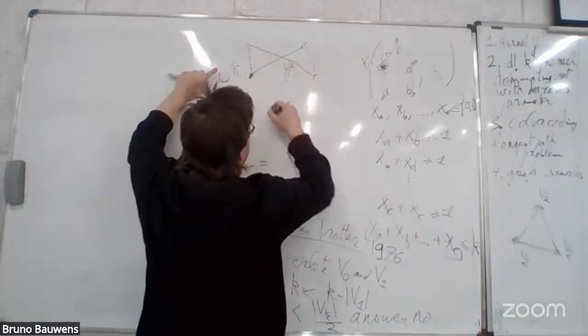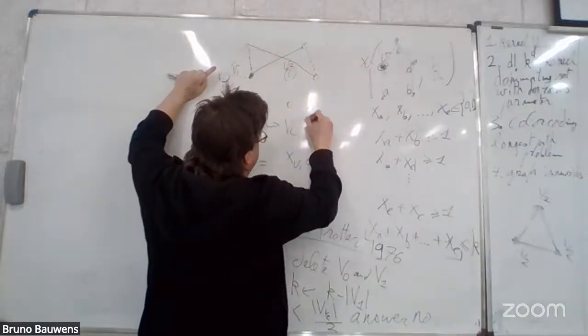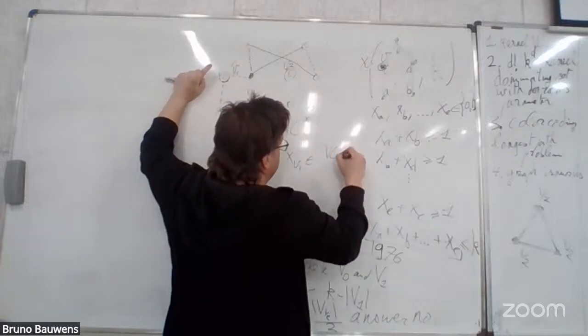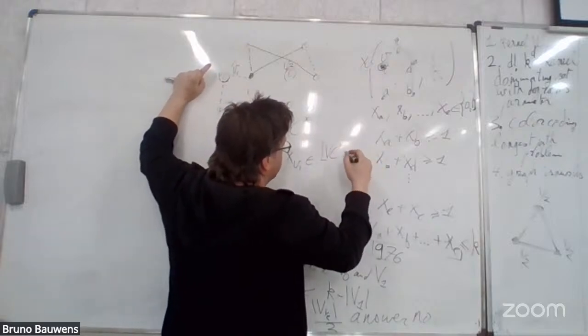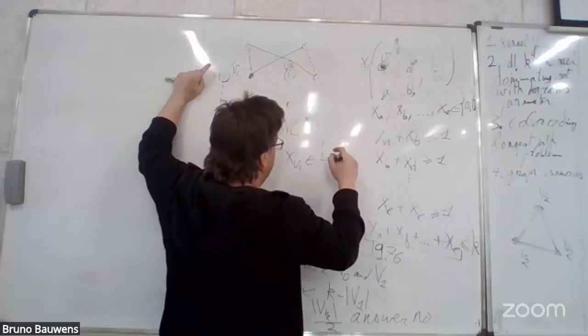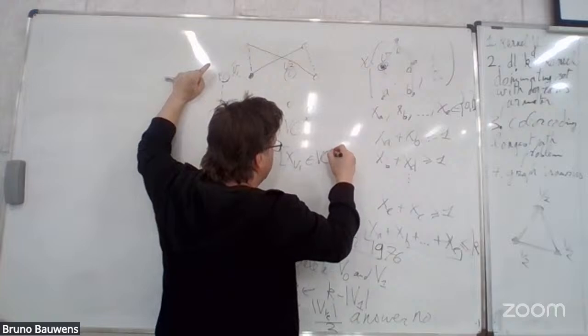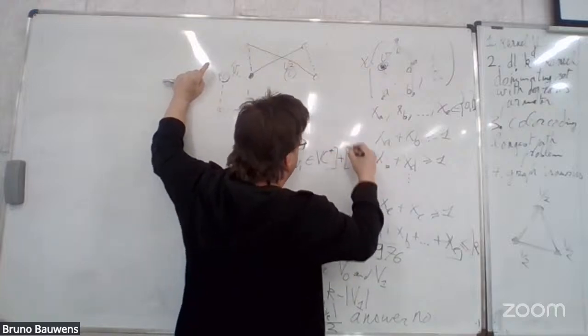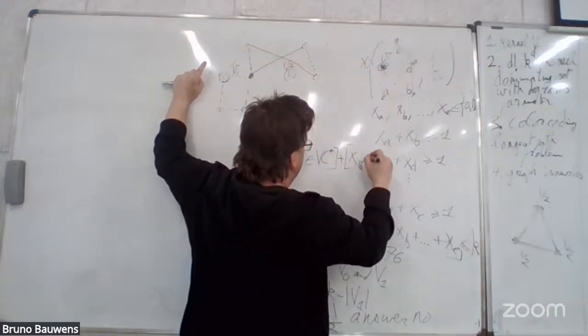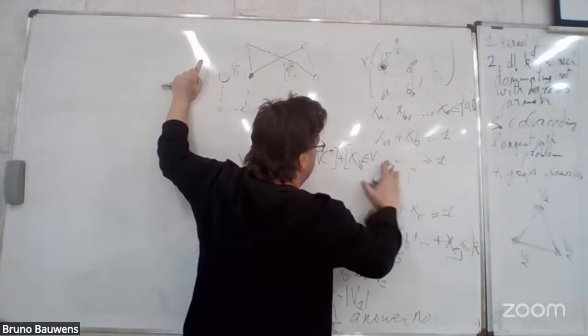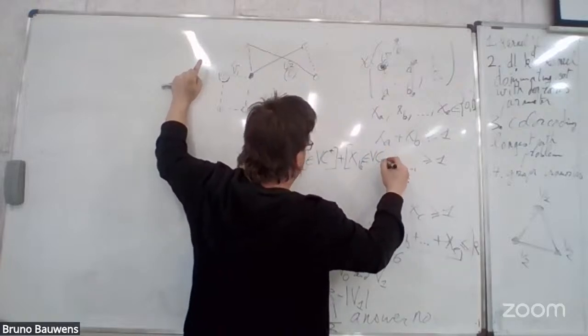So here we get the size of the vertex cover, and it is a vertex cover, wow. Yeah, indicator. Vertex cover plus indicator, vertex cover.